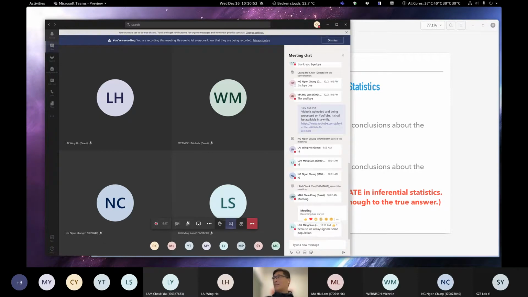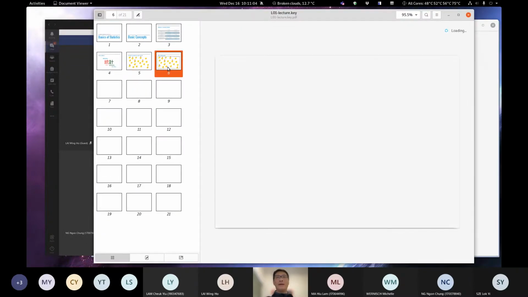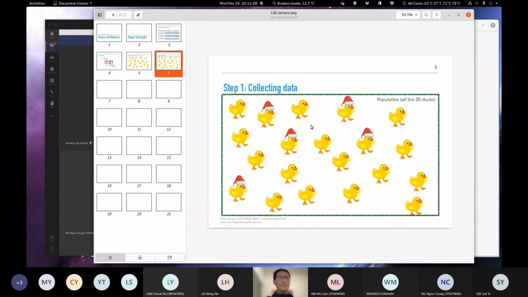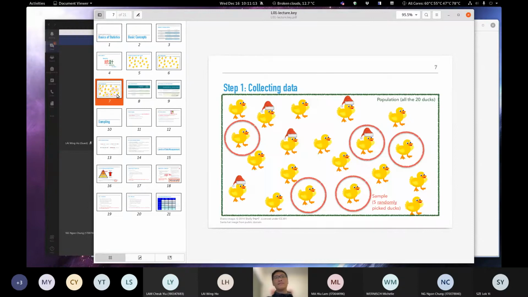Now, from my first chapter, let me open that lecture notes again. Three weeks ago, we talked about the ducks, if you remember. When you try to collect a sample from the population, like you try to pick 5 ducks out of the 20 ducks, the 20 ducks together form the population of our study.